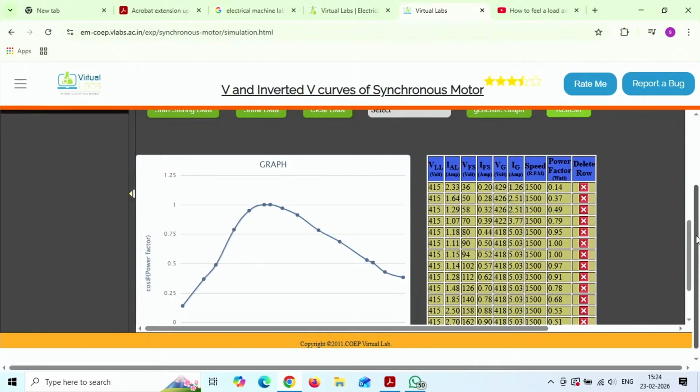Mechanical load we want to represent in an electrical equivalent. If we take S common, E2, R2 by S plus X2; R2 by S minus R2 plus R2. Then rotor side parameters R2 plus X2, and R2 by S into (1 minus S). That is the equivalent circuit of the induction motor I am speaking about.